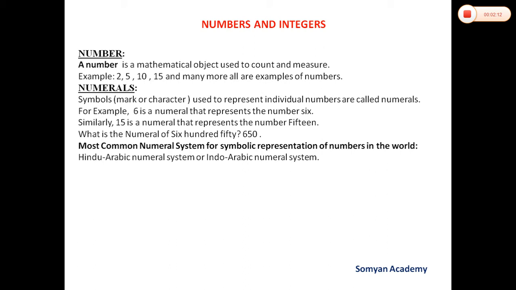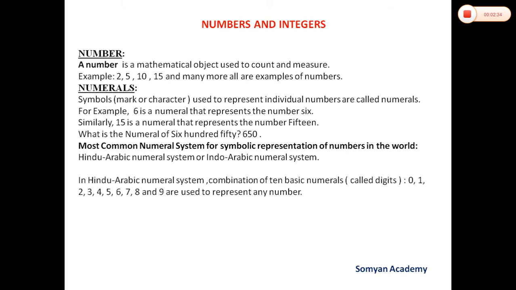Now we will discuss the most common numeral system that is used in the world. The most common numeral system used in the world is the Hindu-Arabic numeral system or Indo-Arabic numeral system. In this system we use 10 digits.